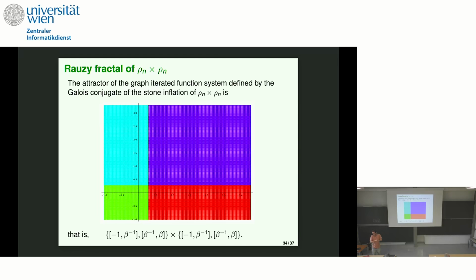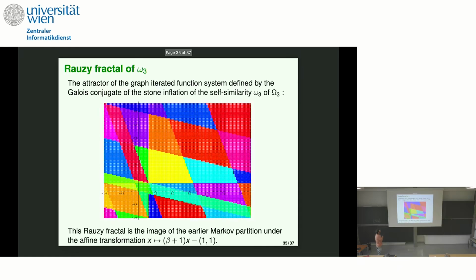So what if we do the stone inflation for omega n and compute its Rauzy fractal? Well, here's what we get. So it's a refinement of the previous partition. And you see here you have 1, 2, 3, 4, 5, 6, 7. So these are the regions associated with the junction tile. Here we have 1, 2, 3, 4, 5, 6, 7, 8, 9.